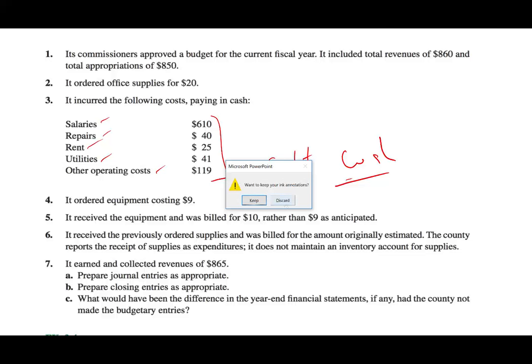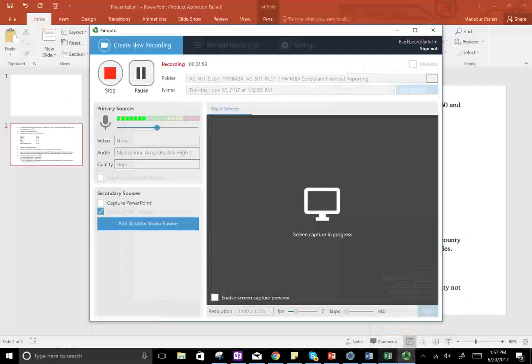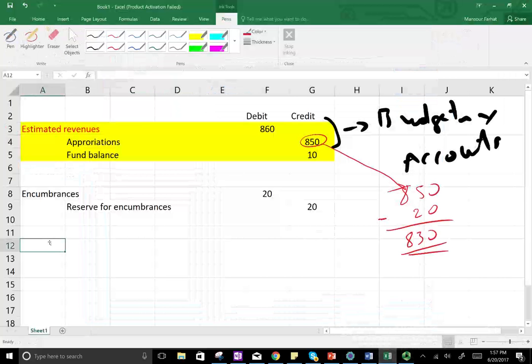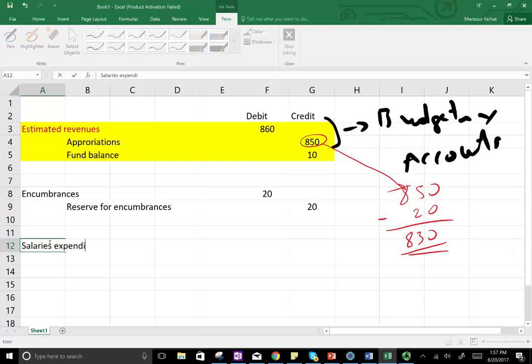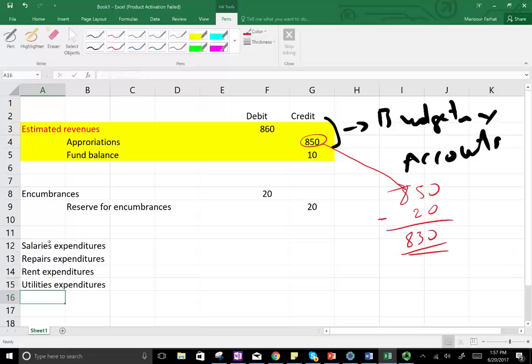Okay, let me go ahead and debit all these expenditures. So now what's going to happen is we are recording expenditures. We're going to debit salaries expenditures, repairs expenditures, rent expenditures, utilities expenditures, and other operating expenditures.